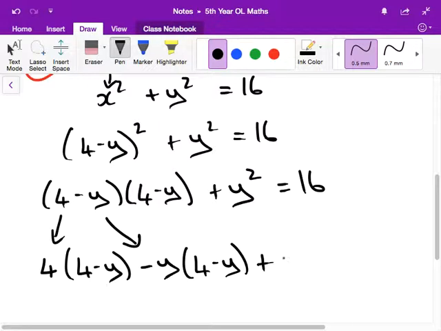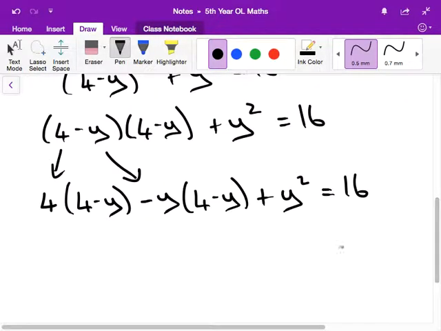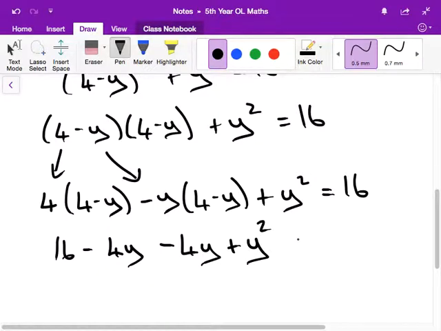And again, don't forget to add on the plus y squared and the equals 16, which at the moment we haven't done anything with. Multiplying this, we get 16 minus 4y, and minus by minus is a plus y squared. And then again, your plus y squared equals 16.